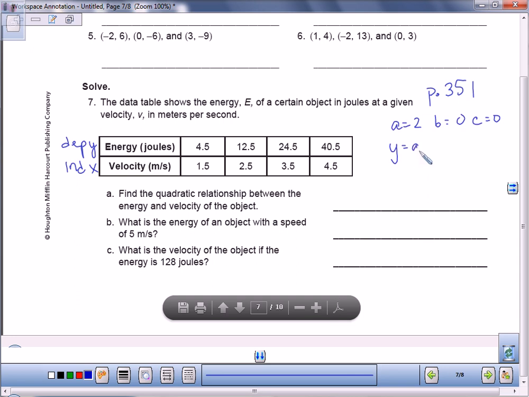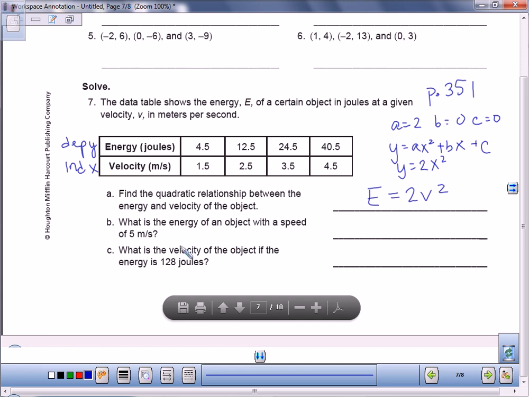So when we plug into that AX squared plus BX plus C, our equation is in this form, Y equals 2X squared. But since we're dealing with energy and velocity, wouldn't it make sense to use the variables that represent energy and velocity? So we're going to use E for energy is equal to 2 times the velocity squared. Now we have the equation that represents this data.